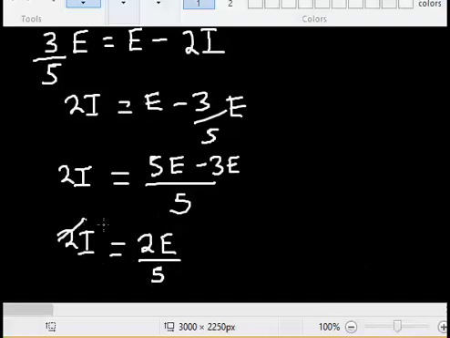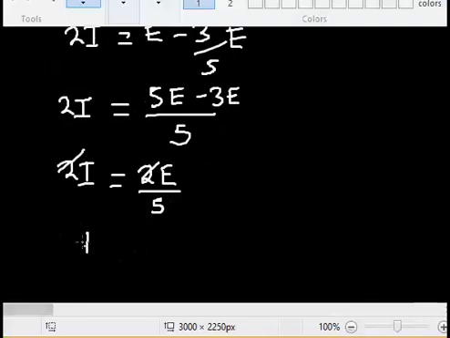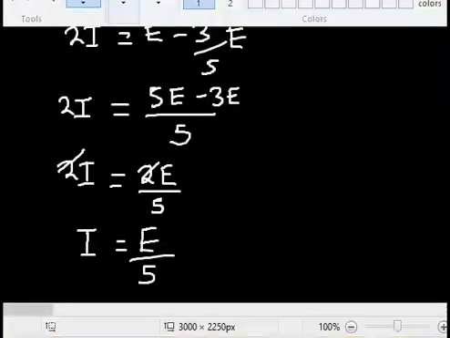Of course, 2 goes, and I'm having now the current is E all over 5.